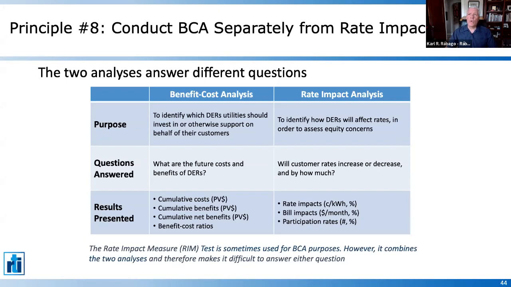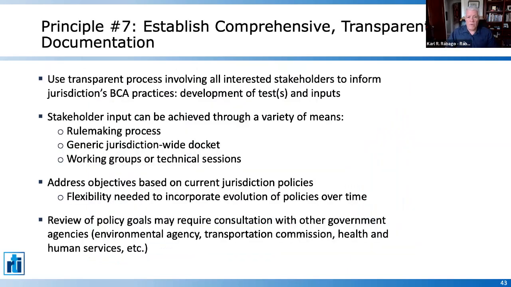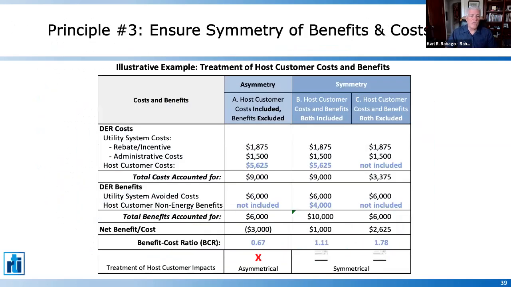And so you imagine a situation where the utility is the sole sponsor of my light bulb program. It doesn't ask me for any money whatsoever. It's like this example that we used here, right? It says that even though under column C, host customers have costs and benefits, we're choosing to ignore them.